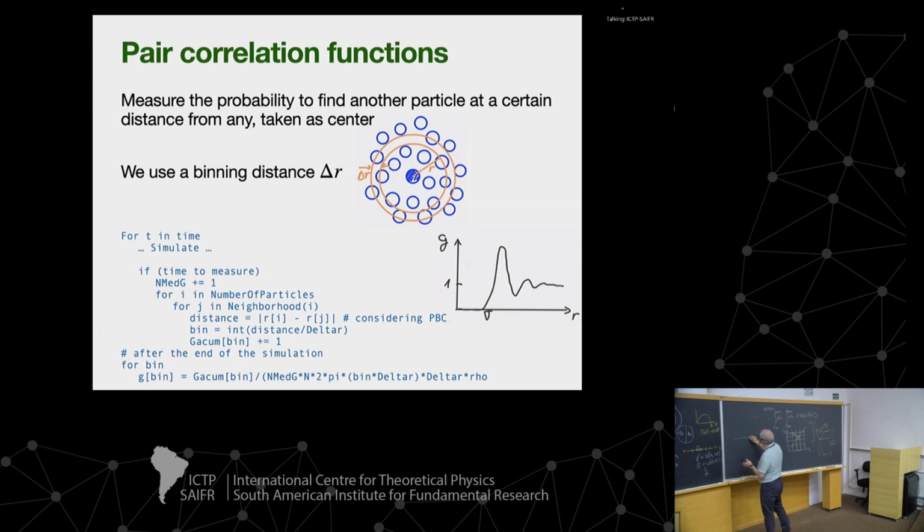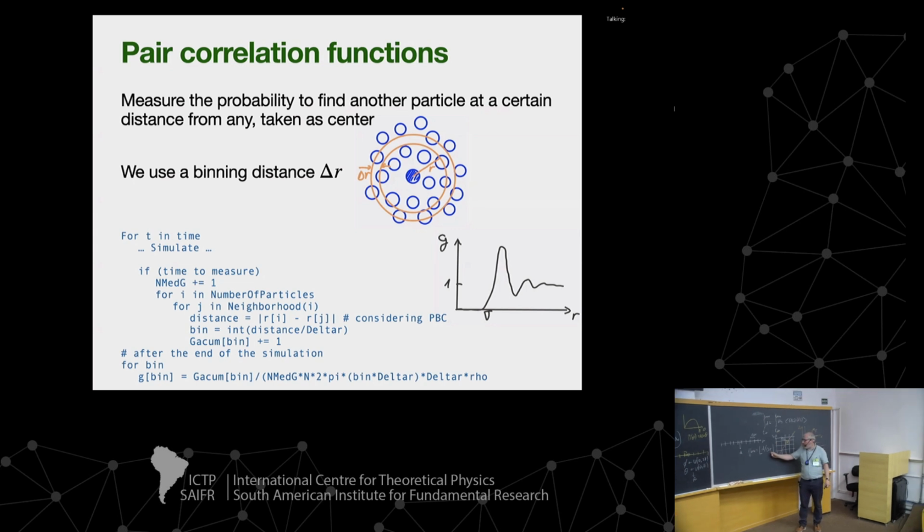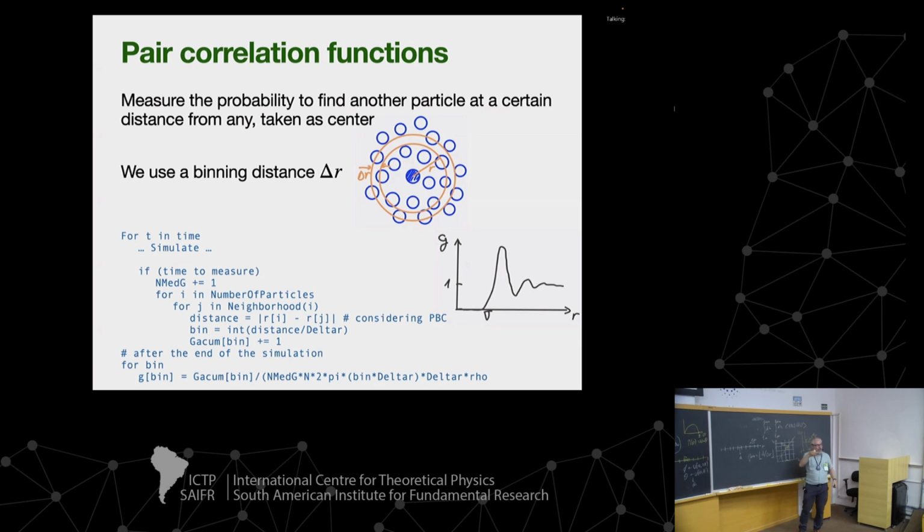So you have delta r, and you have a position, a distance. The bin is going to be the integer part of this division, rounding off to the floor, as it's said here.